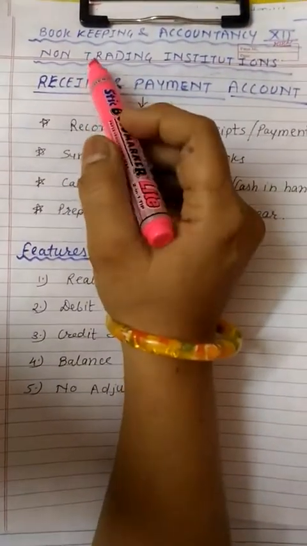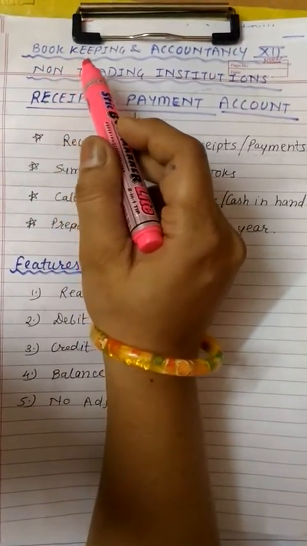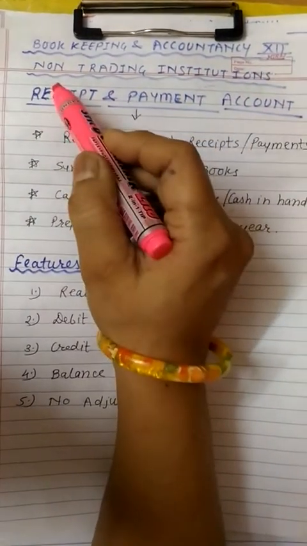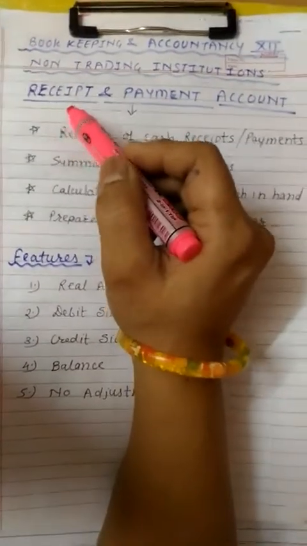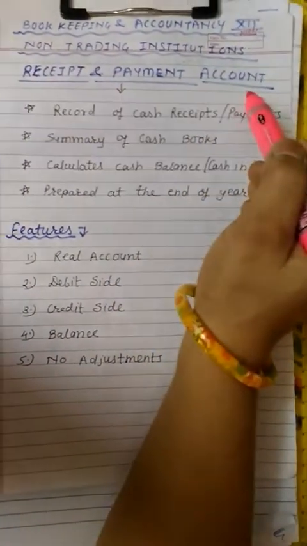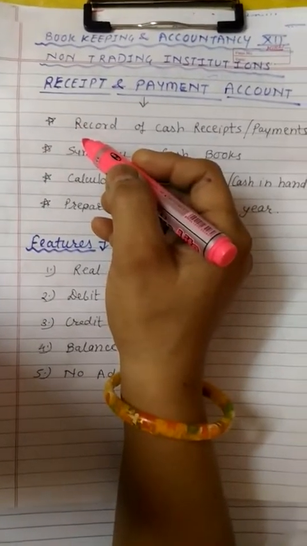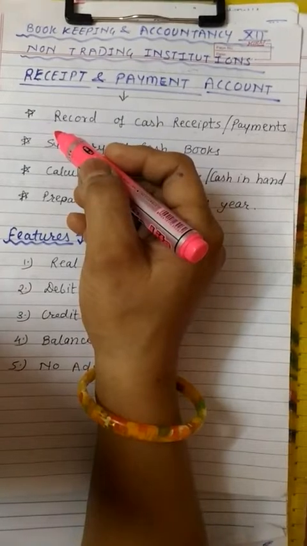Hello everyone. Today we are going to study Bookkeeping and Accountancy, Class 12th, non-trading institutions and the receipt and payment account prepared by this type of institution. So, what is a receipt and payment account?